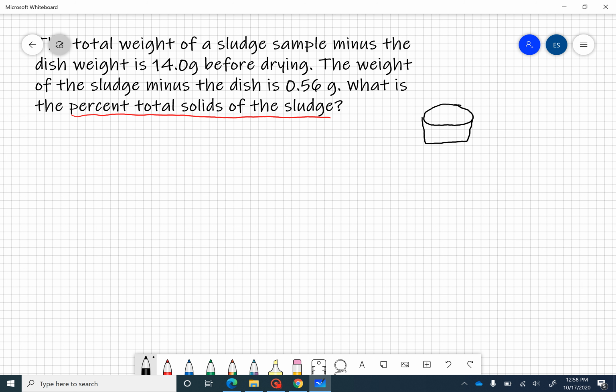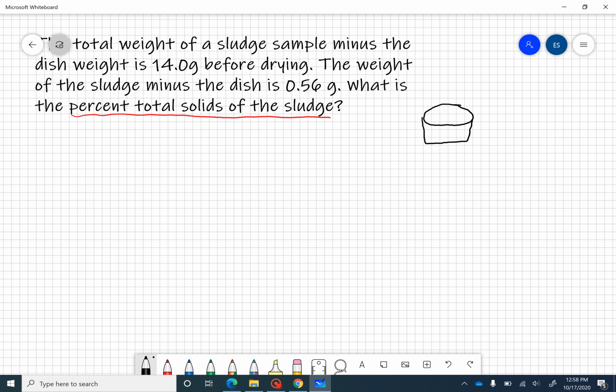Temperature, I believe, is 104 degrees Celsius. All the water from that sludge sample will evaporate, and then we'll weigh what's left over, and that determines what percent of that sample is actually solids.